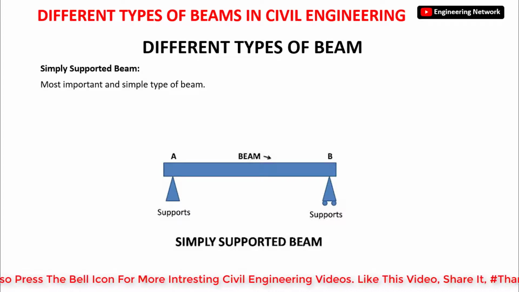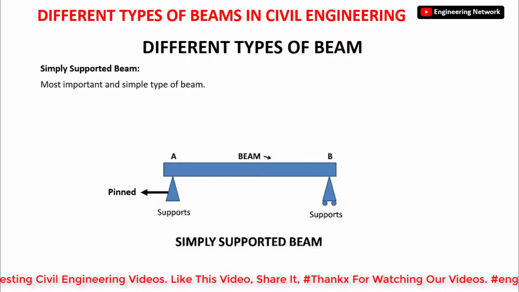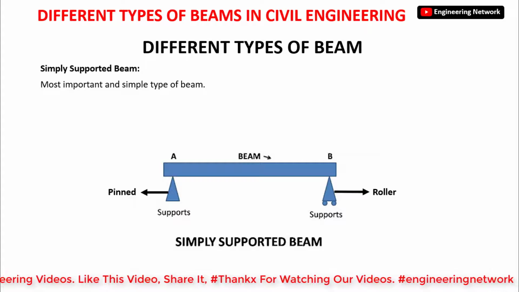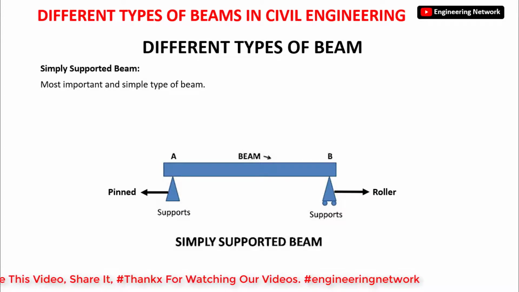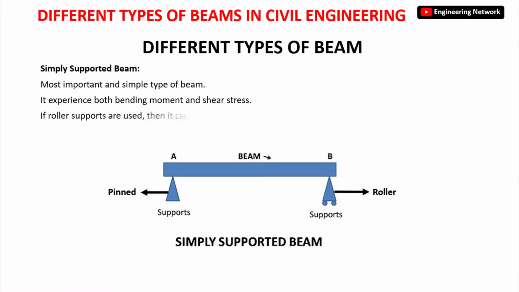Which means that at one end it is a pin support and the other end is either pin or roller support. Okay? The simply supported beam generally experiences both bending moment and shear stresses, and sometimes it experiences translational movement as well, in case when the roller supports are used, right?